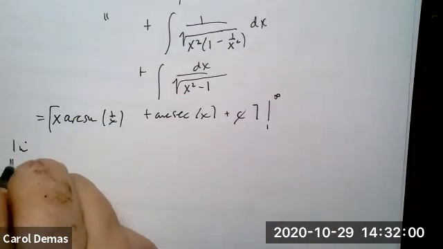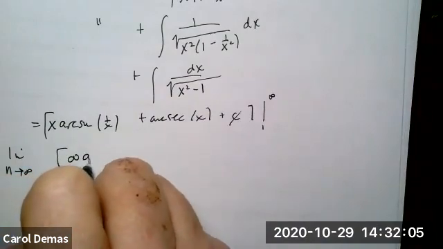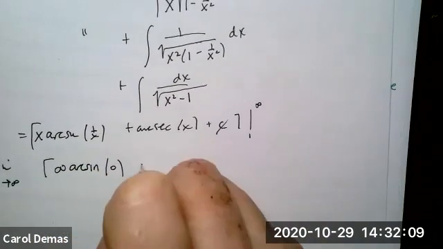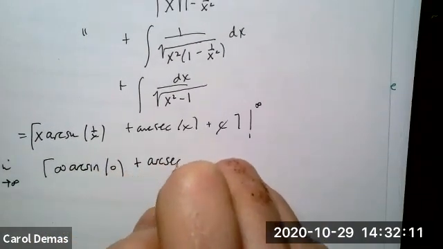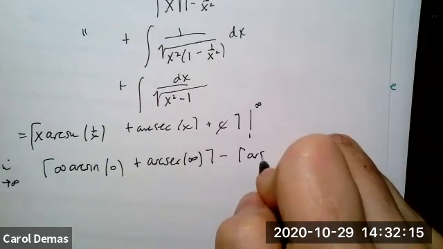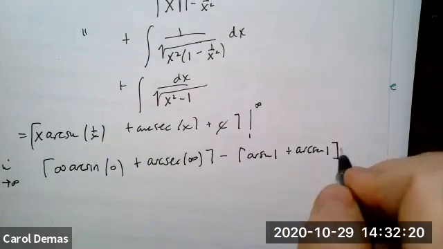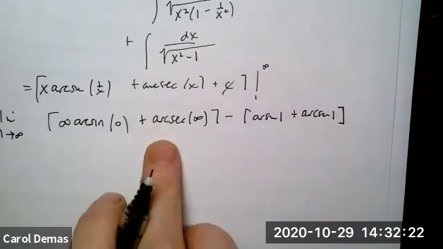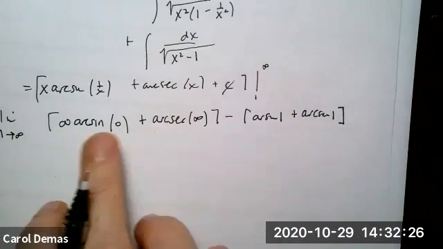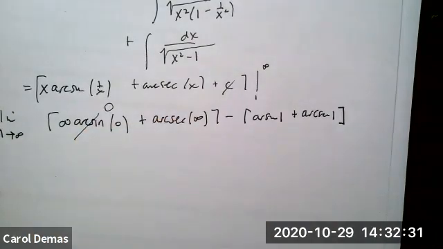So we'll take the limit as n goes to infinity. Infinity times the arc sine of 0 plus the arc secant of infinity minus arc sine 1 plus arc secant 1. Okay, anybody know what arc secant looks like? Arc sine of 0 is 0, so that goes away.